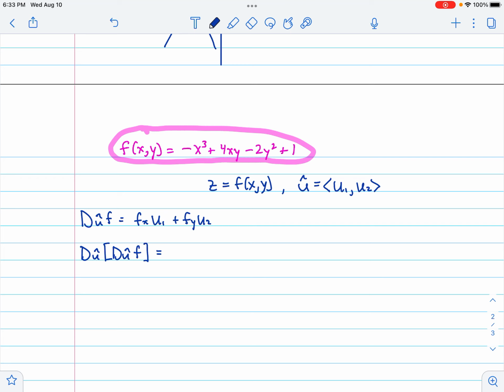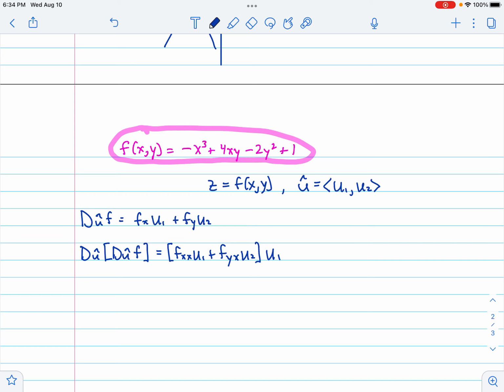Now you have to really be careful here because we're not accustomed to this. I want to take the partial with respect to x times u1. So it goes fx, partial with respect to x, times u1. Dig what I've done there. I've just taken the derivative with respect to x, just like usual.